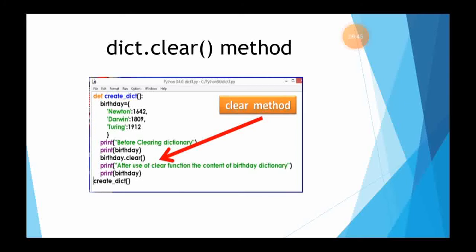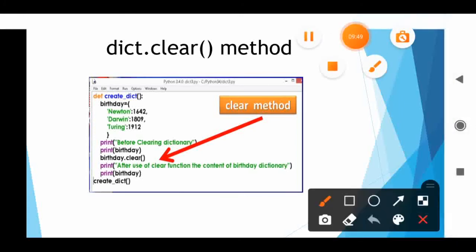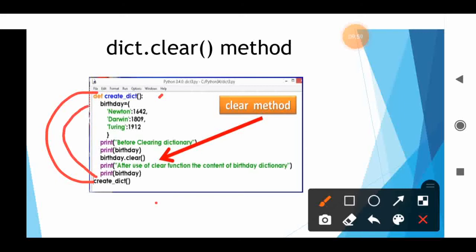See, listen. Here the compiler will read the first line of the function header, and automatically the control will pass to the main function. Main function is what? Create dictionary. It is a function call. Again the control will move here. Then after that it will read the function definitions.